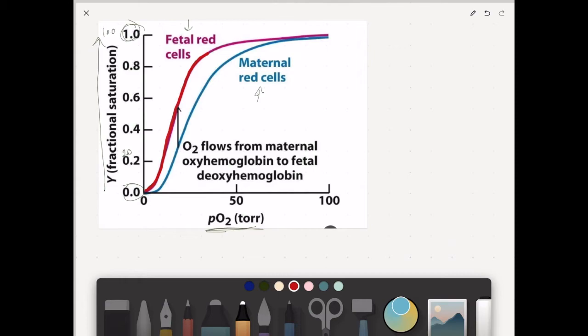When it does this, because the fetal hemoglobin is made up of 2 alphas and 2 gammas instead of 2 alphas and 2 betas, it has a much higher affinity for oxygen and will steal the oxygen away from the mother's blood very readily. The oxygen is just going to jump right from the maternal blood over to the fetal blood. So in this way, the fetus and the mother's body ensures that the fetus can get the oxygen that it needs to survive.